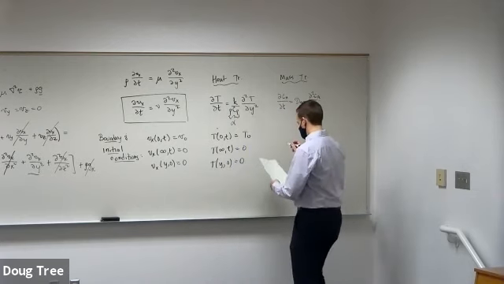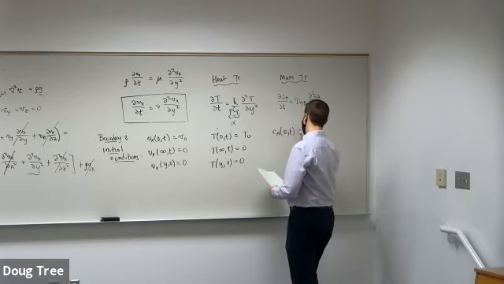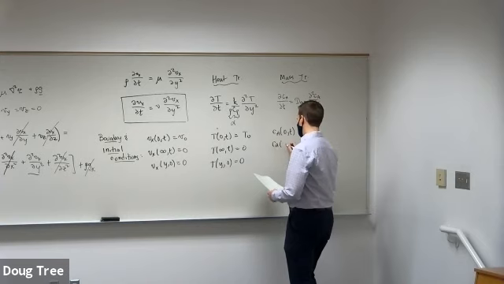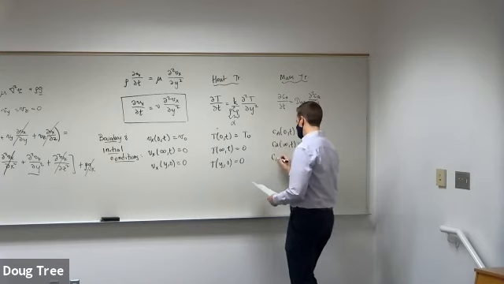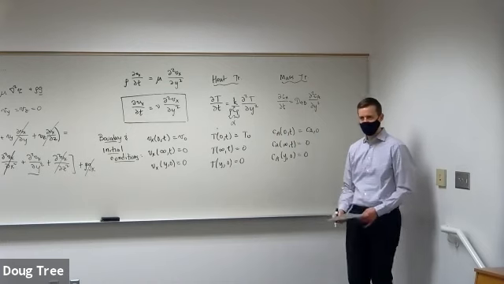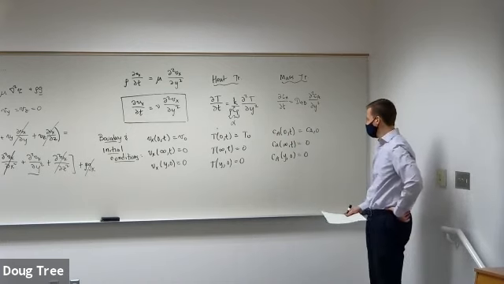And similarly here, I can write CA at y equals 0 is equal to CA naught, CA at infinity is equal to 0, and CA at time 0 is equal to 0. Okay, yes. When you say that the temperature equals 0 there, is that like ambient temperature?